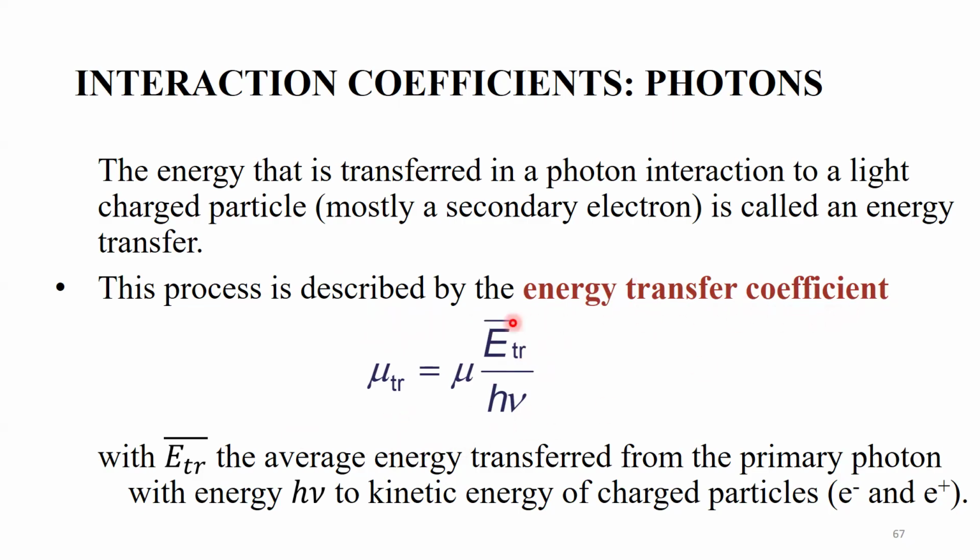Now this bar that is here indicates an average quantity. So ETR bar is the average energy transferred from the primary photon with energy h nu to kinetic energy of charged particles. The energy transfer certainly gives me information about the efficiency with which the energy from the incident photon is converted into kinetic energy of charged particles.